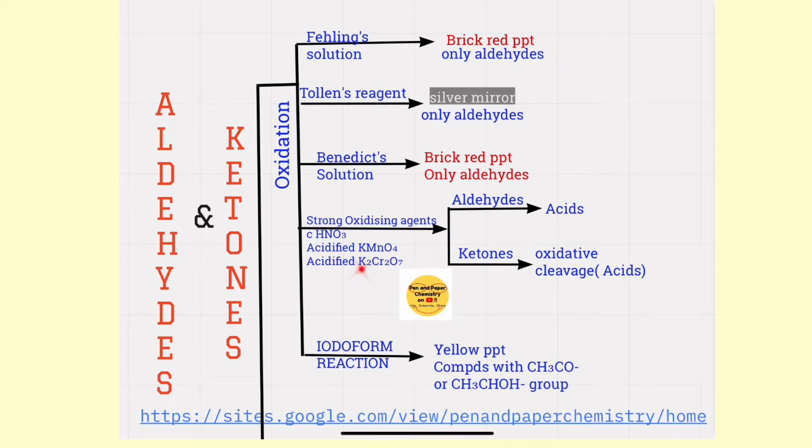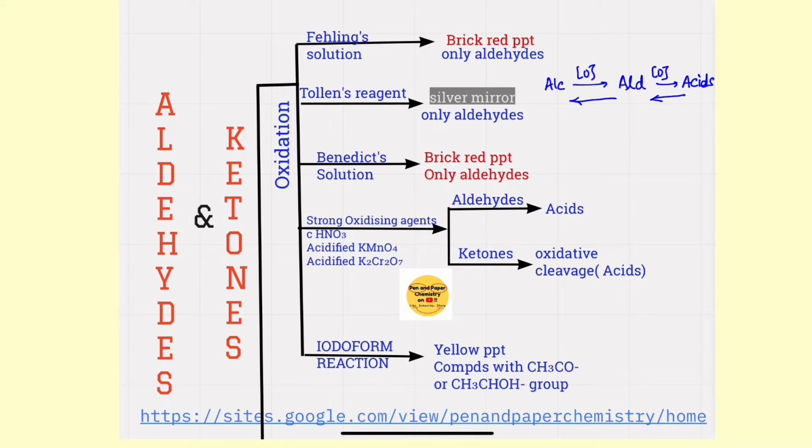We've talked about these in alcohols as well, because we talked about the conversion of alcohols to aldehydes to carboxylic acids, right, in the presence of these oxidizing agents. What about reduction? Acids are reduced to aldehydes and aldehydes are reduced to alcohols, the reverse.